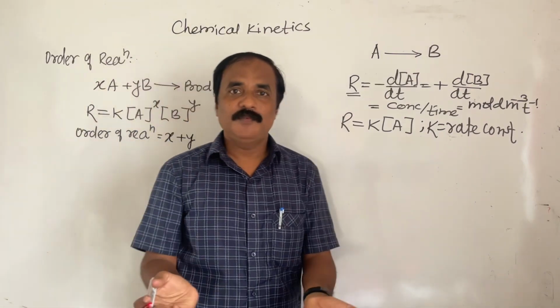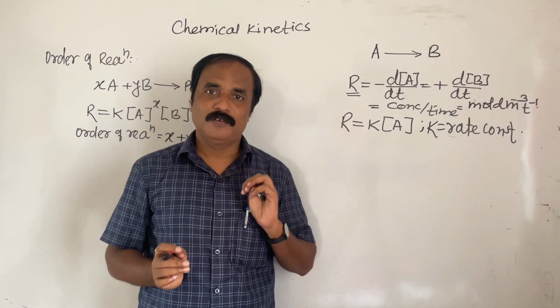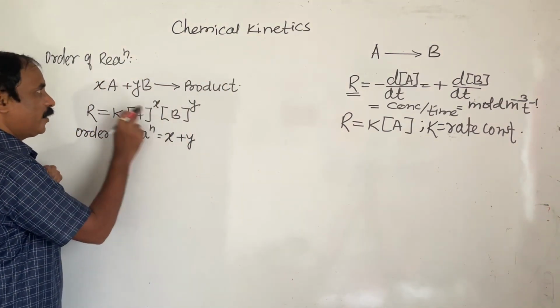So definition is very simple. It is clear now. Addition of powers of reacting molecules. यहाँ पर A and B reacting molecules हैं.